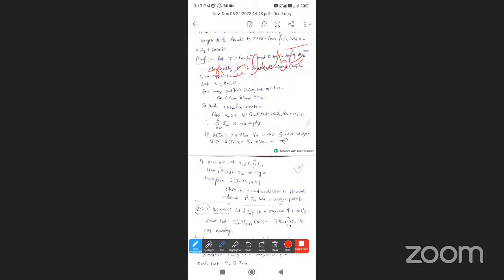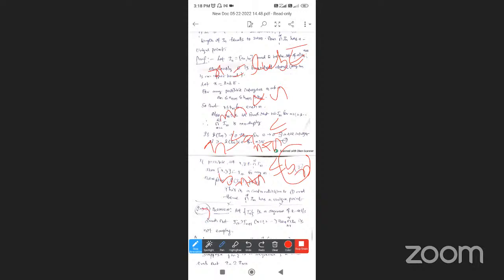For any positive integers m and n, this can be written as an is less than or equal to am+n is less than or equal to bm+n is less than or equal to bm. So bm is an upper bound, and the least upper bound is also an upper bound.